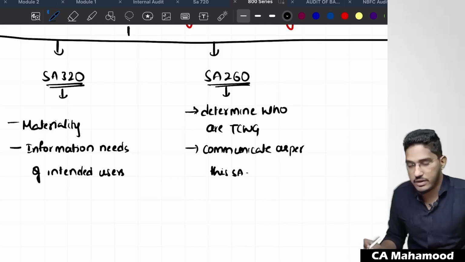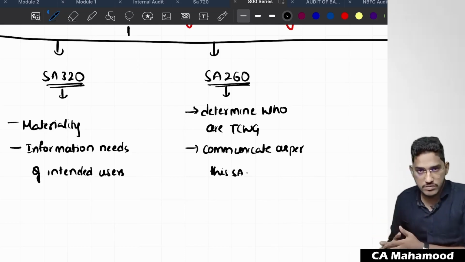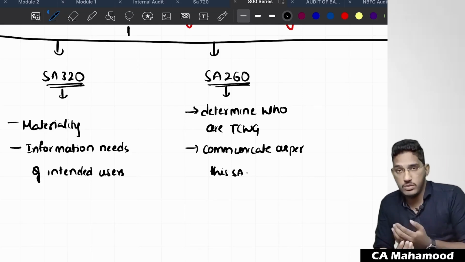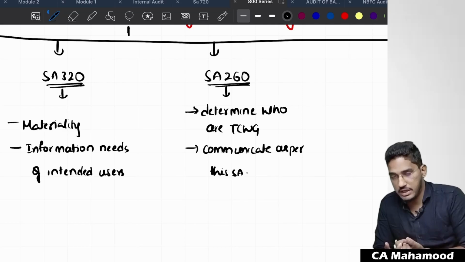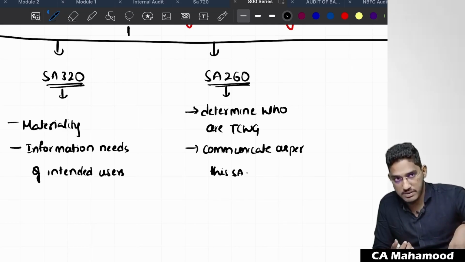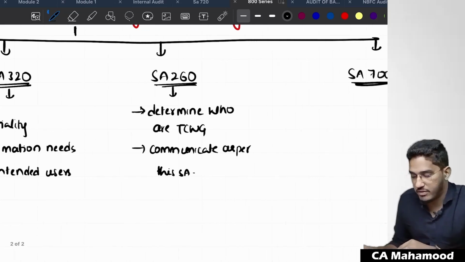SA 260 says you are required to communicate certain matters with those charged with governance. If you are conducting audit of special purpose financial statements, then also you are required to communicate with those charged with governance. But first you have to determine, from the perspective of special purpose financial statements, who are those charged with governance, and once you have identified those parties, fulfill all your communication requirements.